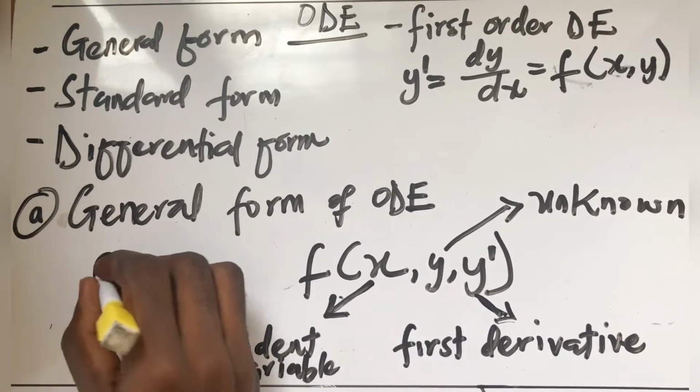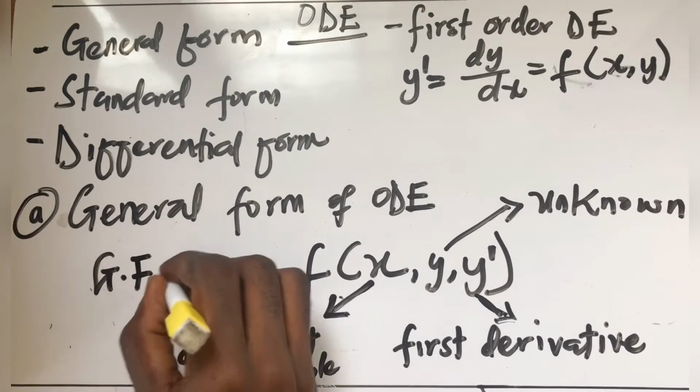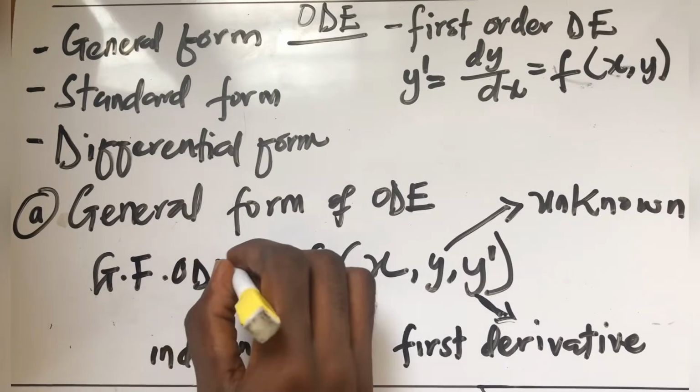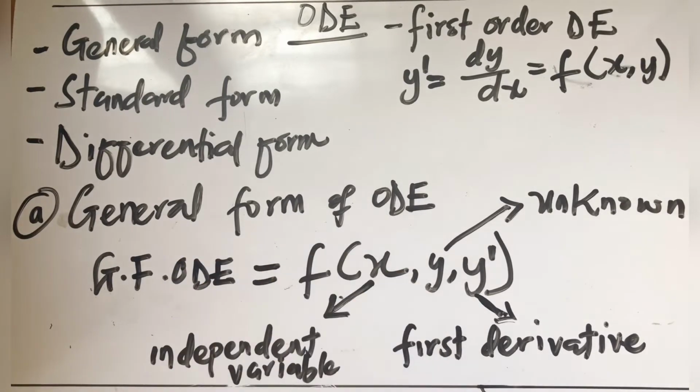So we'll have a function with x, the independent variable, y, the unknown variable, and y prime, our first derivative. Now let's take a look at an example of a general form of an ordinary differential equation.